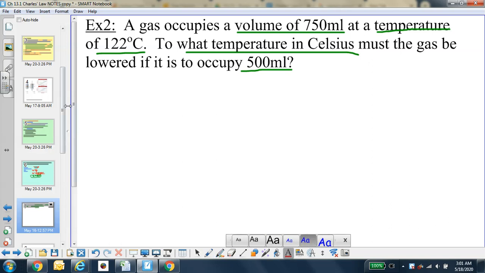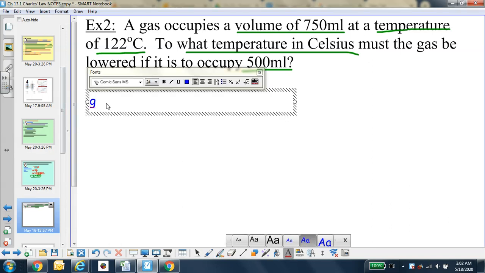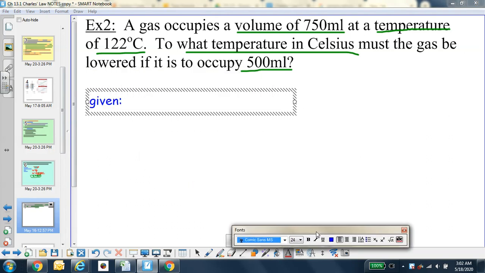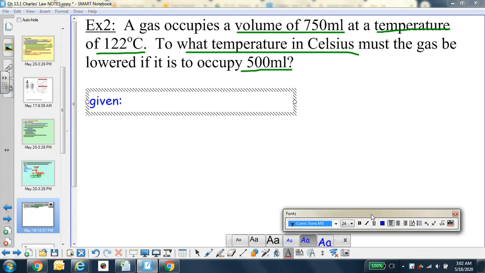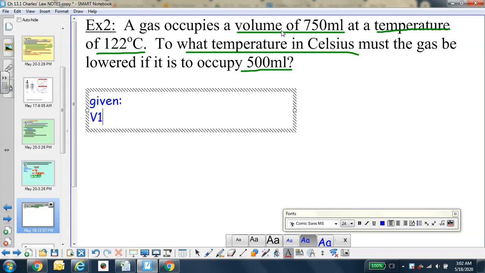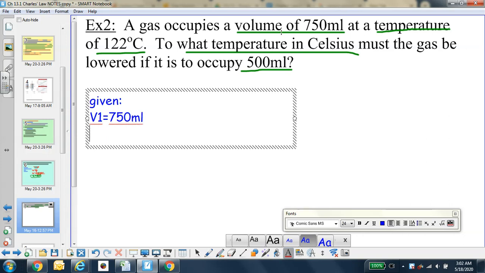So just like before, we need to list our given. So volume 1 is 750 milliliters. Always make sure you include your units there. Temperature 1 is 122 Celsius.